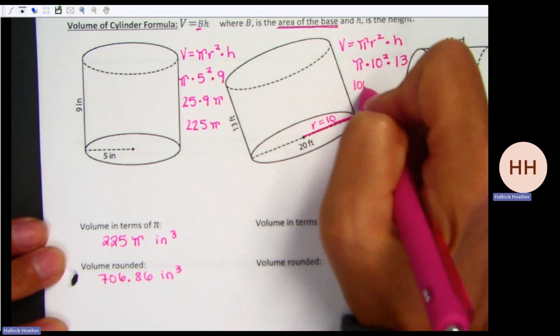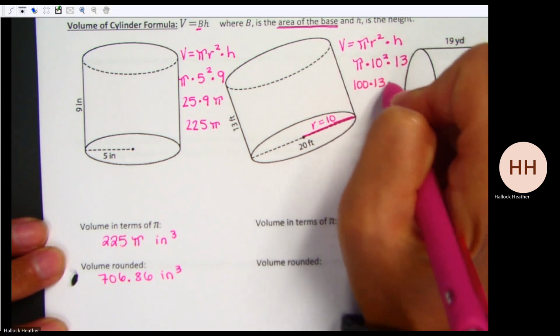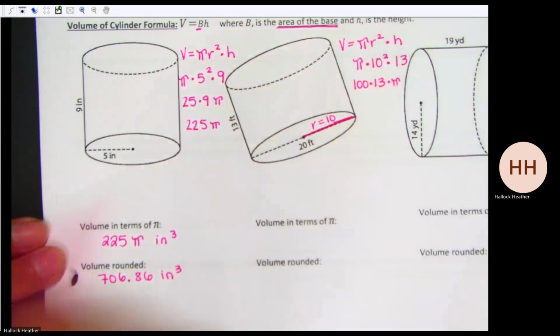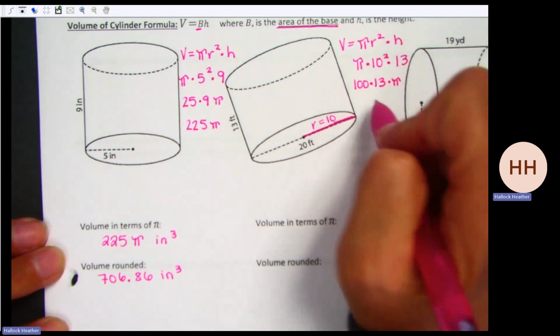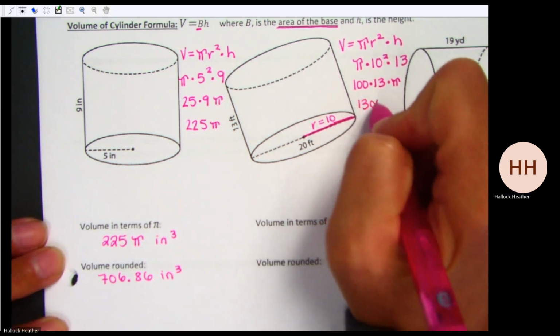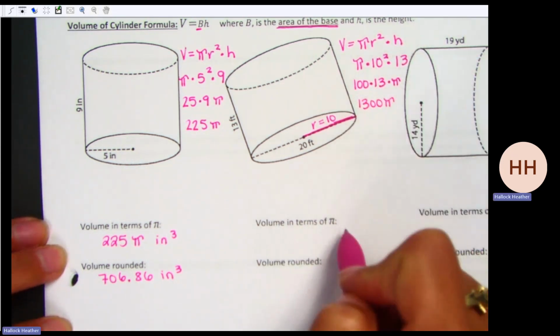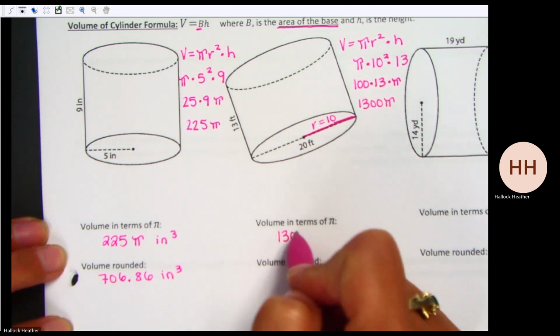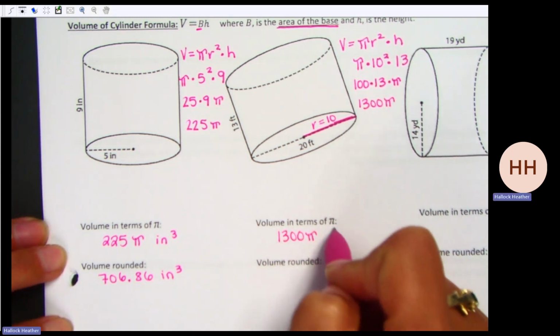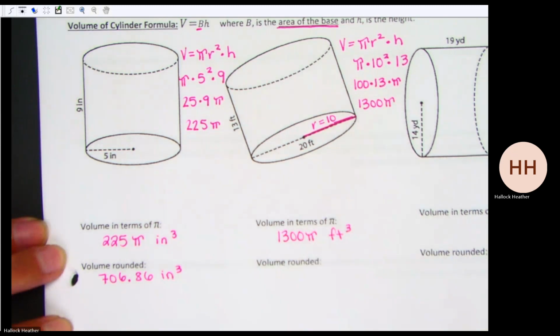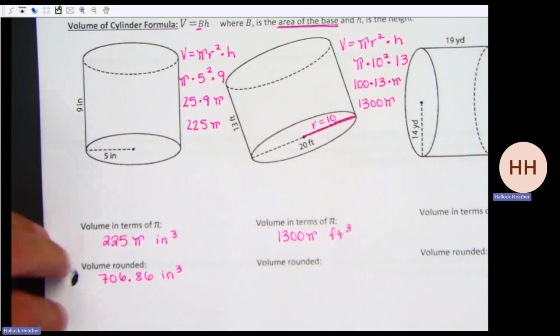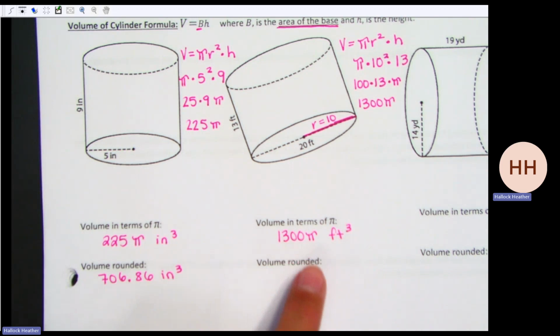I'm doing 100 times 13. 100 times 13 is 1,300. That's in terms of pi. Feet cubed. To get that answer rounded, I'm taking 1,300 and I'm multiplying by the pi button.